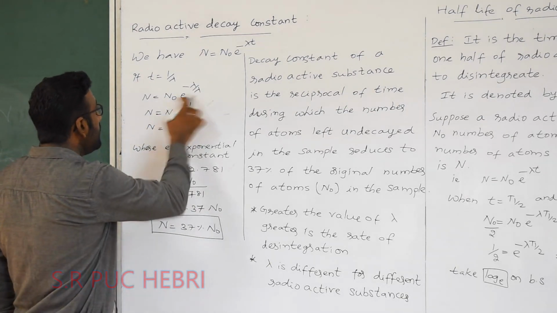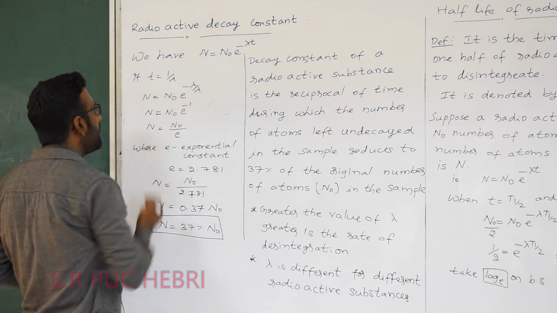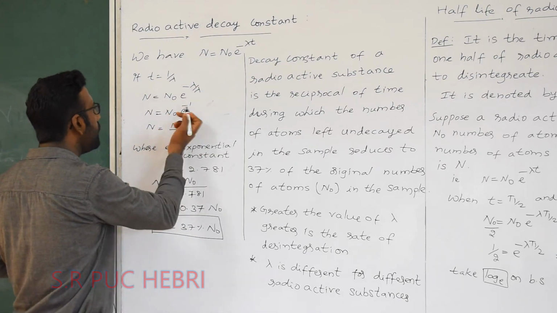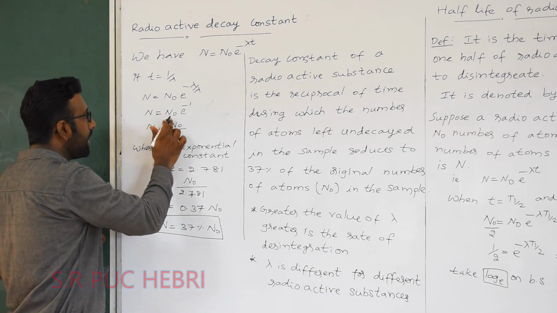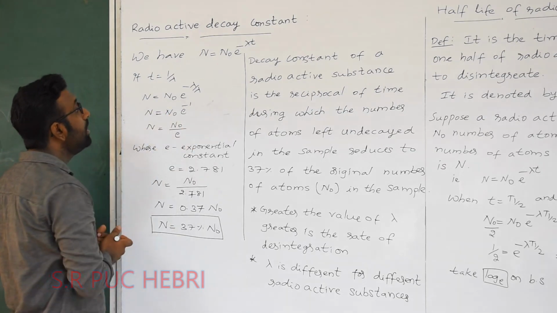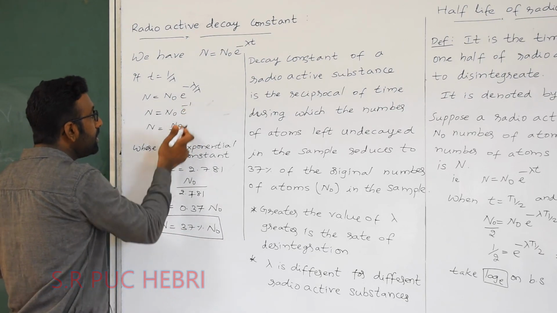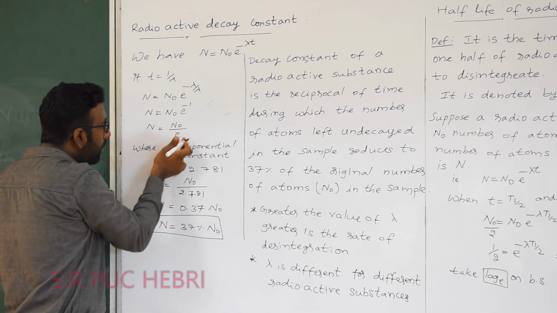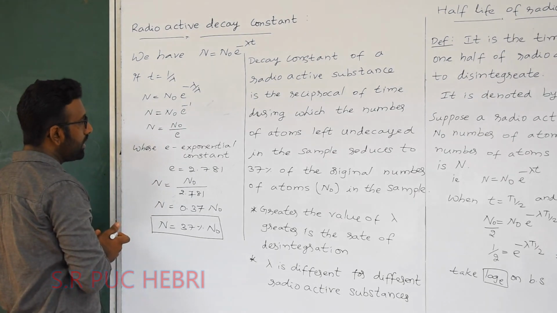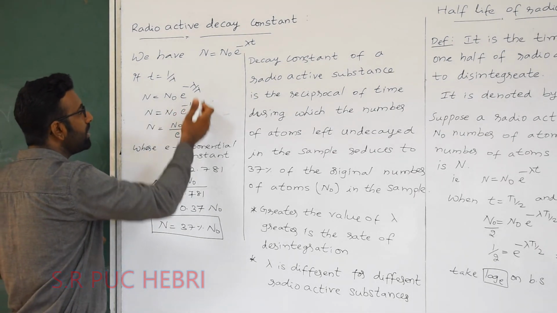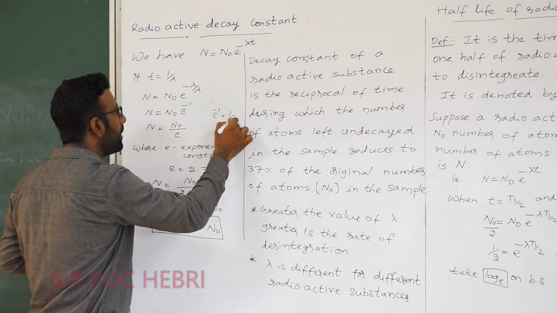Lambda divided by lambda will be 1. So N is equal to N naught e to the power minus 1. This minus 1 denotes N is equal to N naught divided by e, since e to the power minus 1 is nothing but 1 by e.